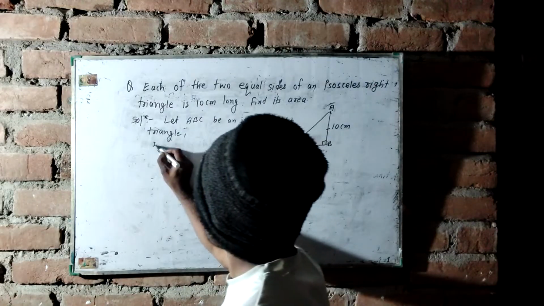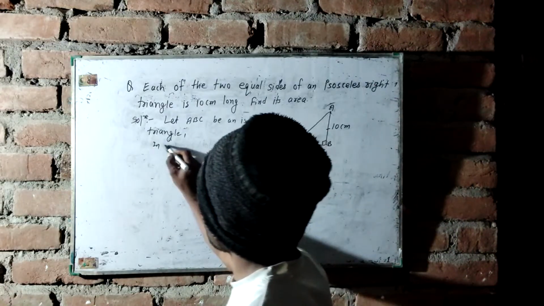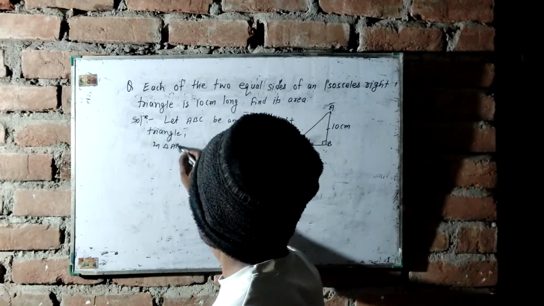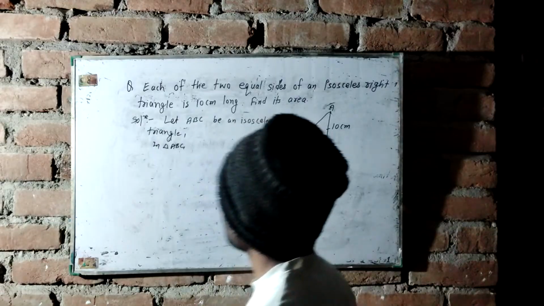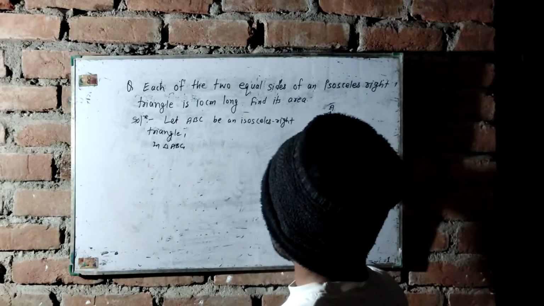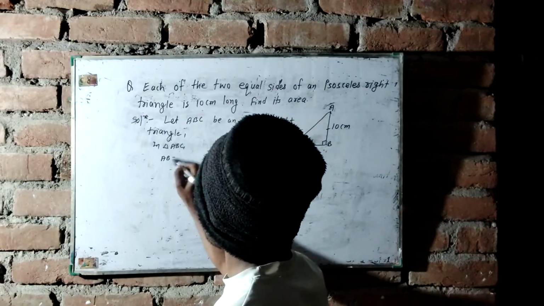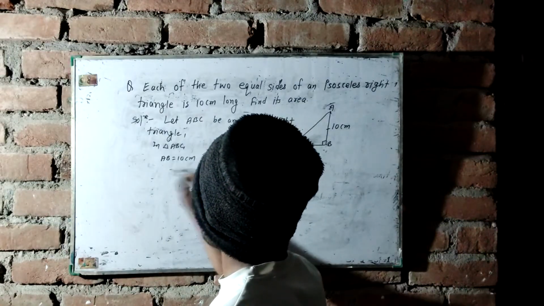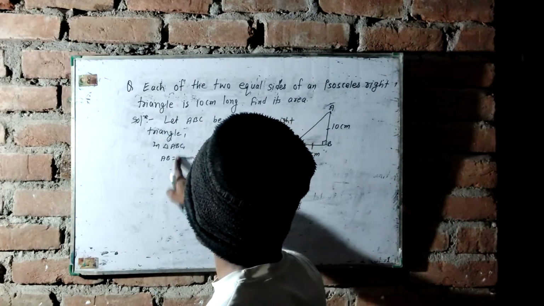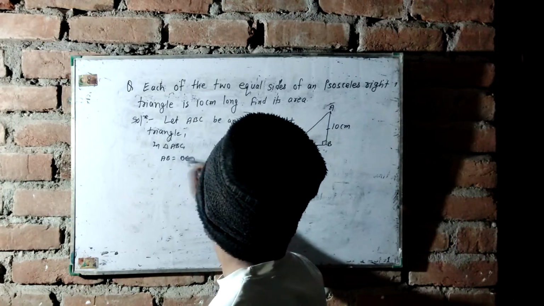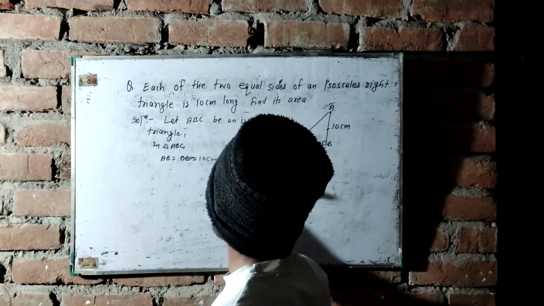In isosceles right triangle ABC, we consider AB is equal to BC is equal to 10 centimeter.